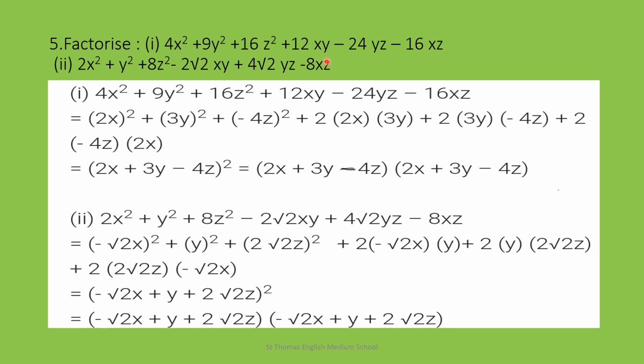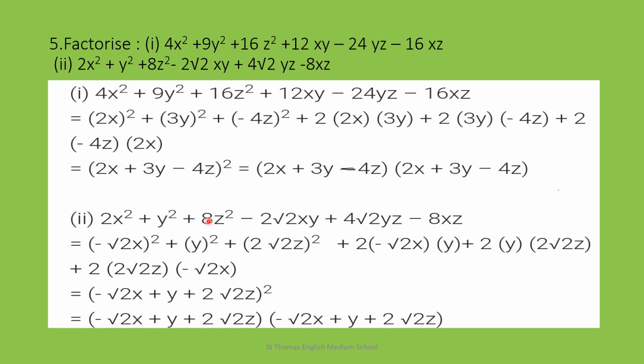Now in this question you are having a polynomial of degree 2 and find the perfect square of the first term, that is 2x square. 2x square can be written as (root 2 x) whole square. Root 2 square is 2. So you can replace 2x square as (root 2 x) whole square. Y you can write it as y whole square.